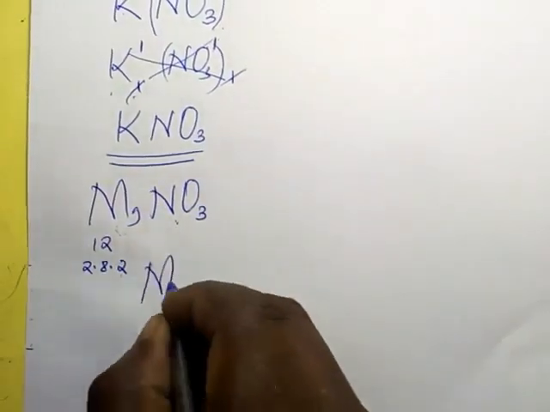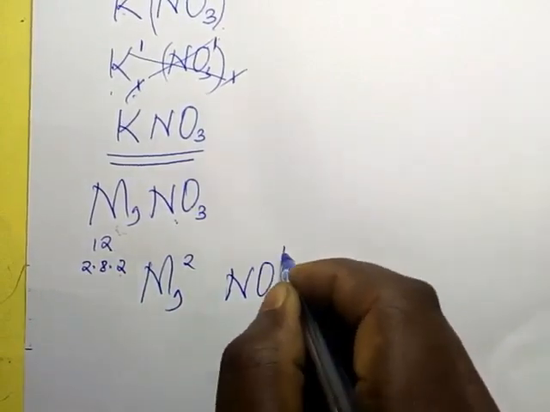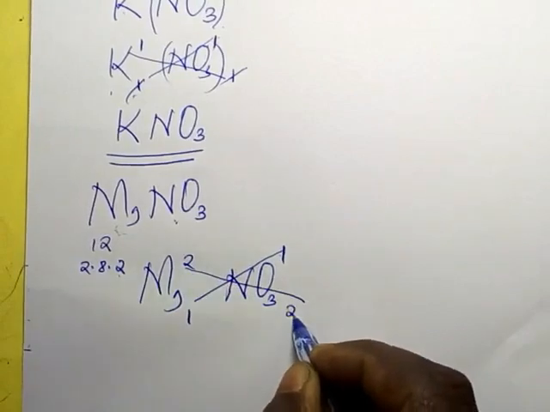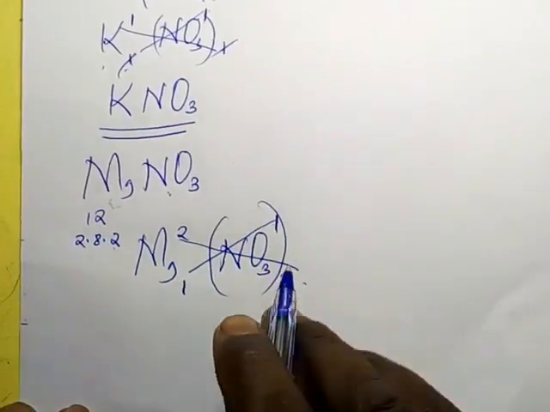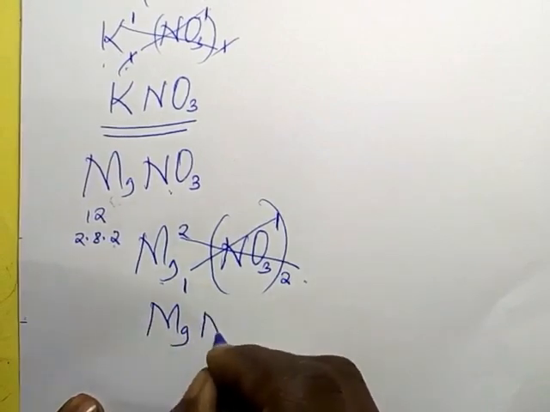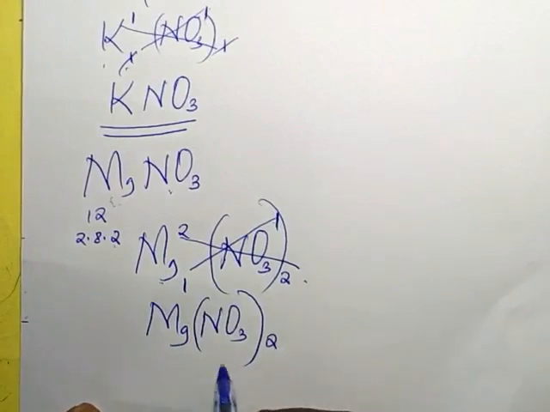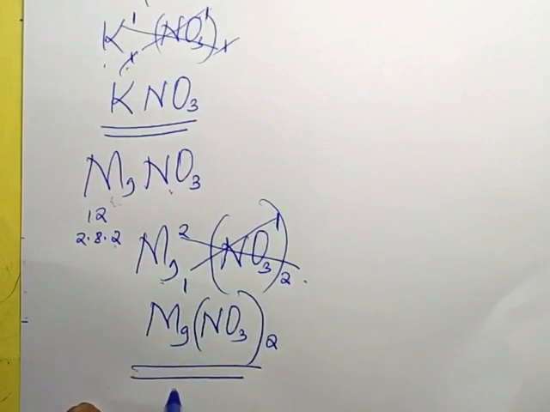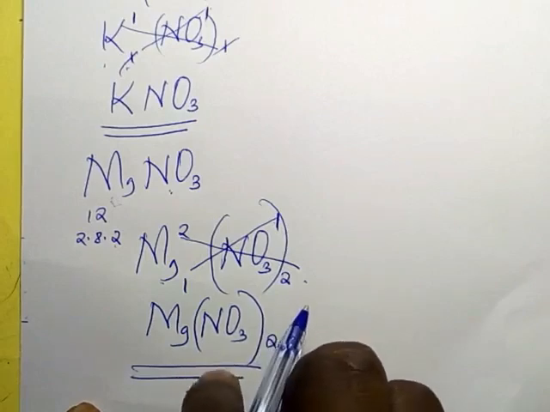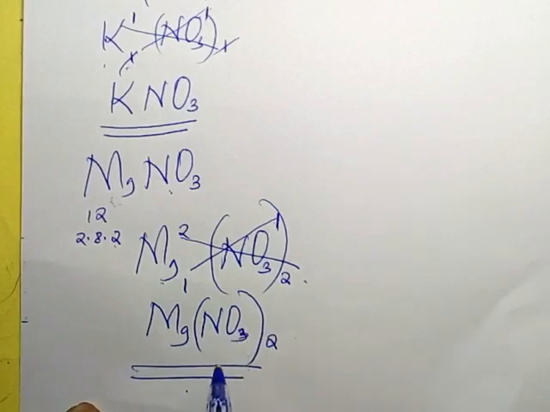Magnesium is valence 2, nitrate is valence 1. So 1, 2. Therefore the final magnesium nitrate is Mg(NO3)2, and this is the correct formula for magnesium nitrate. So we have a nitrite and a nitrate. When it is 3, it is nitrate.